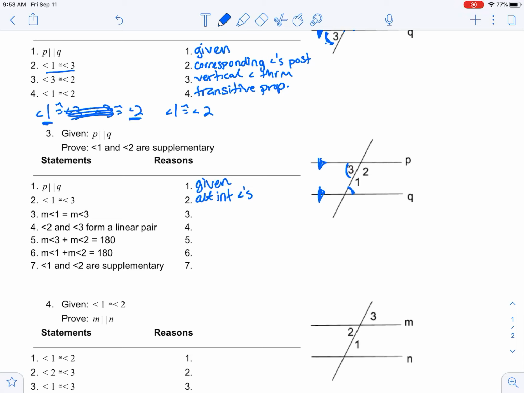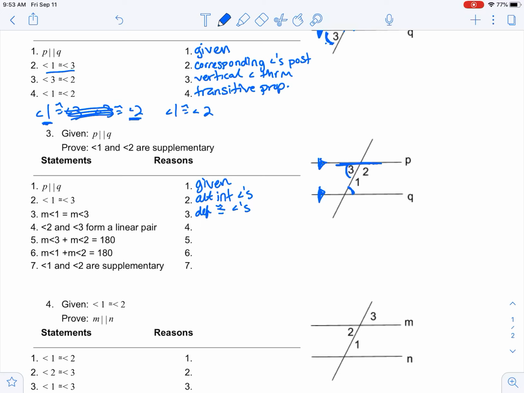Now, why can I jump from a congruent sign to an equal sign? What are we using? We're using the definition of congruent angles. All right, so I know 1 and 3 are equal, so that's good. Now, can I somehow get from angle 3 to angle 2?